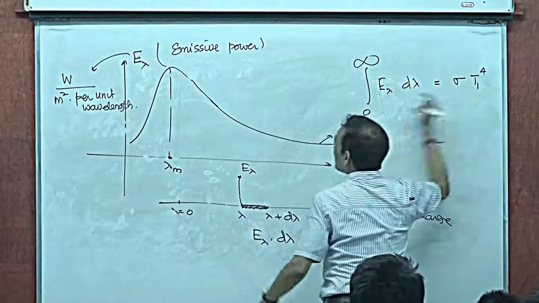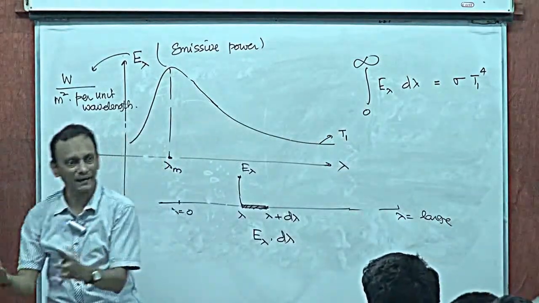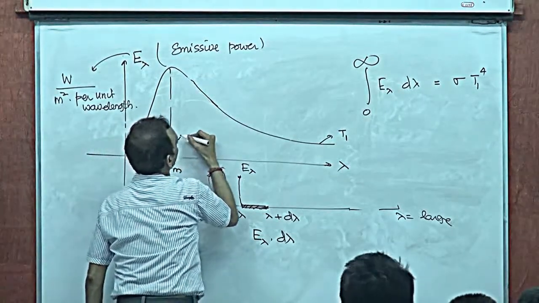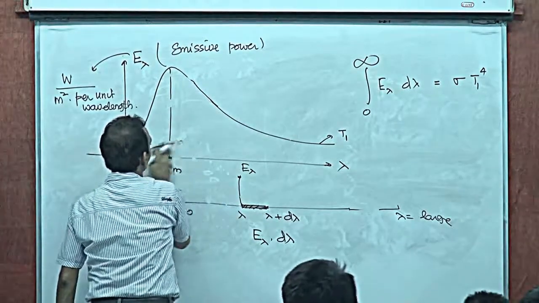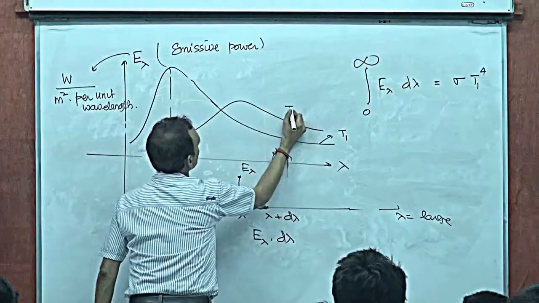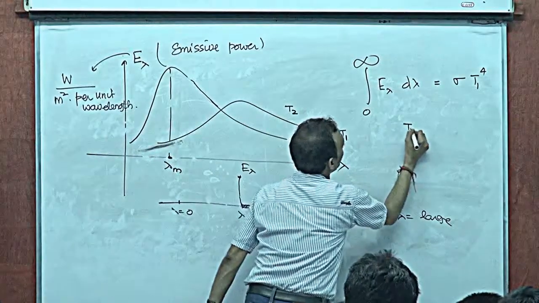If I increase or change the temperature of that black body, the variation could be this. This would be a lower curve for T2 less than T1.